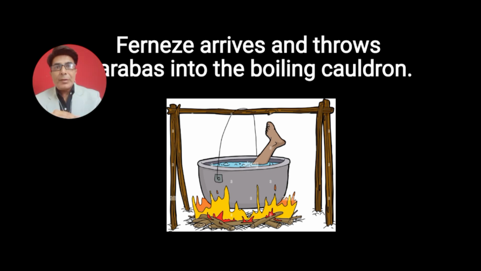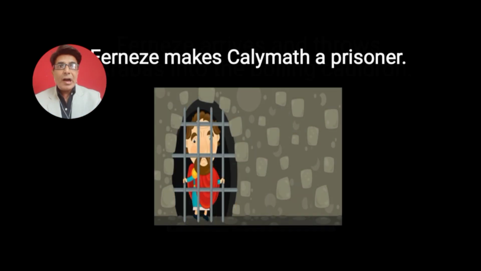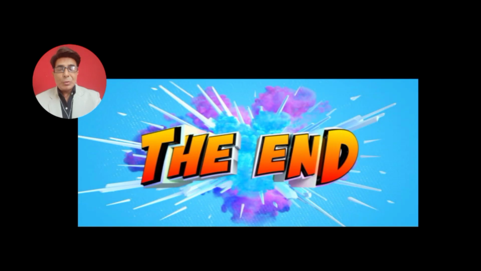At the end of the play, Barabas dies and Furnish wins. So it was a win of Christianity against the Jews, and this is how the play ends. Furnish makes Calimat a prisoner and the play comes to an end.